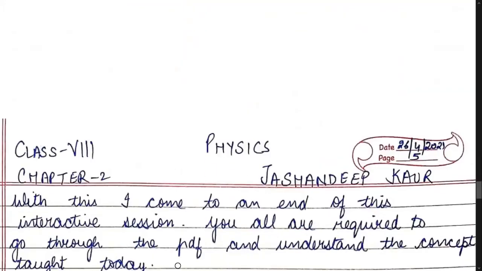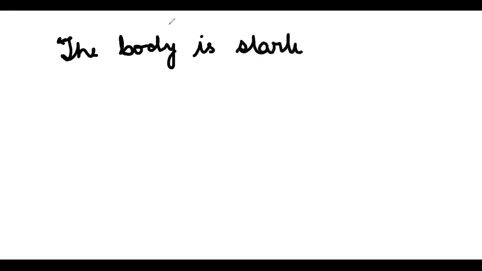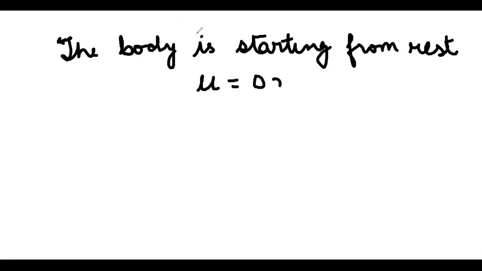But you have to do some numericals on your own, and for that I want you to learn a concept. Children, if it is written that the body is starting from rest, whenever this is written, it means its initial velocity is 0 meters per second.